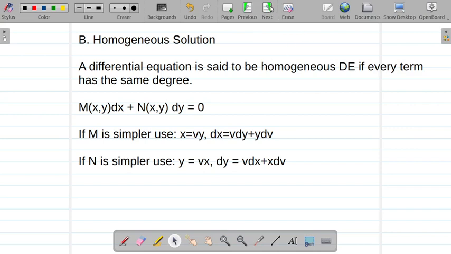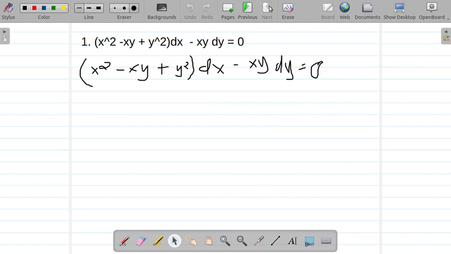So maghatag tag example para mas masabtan. So example number 1. X to the power of 2 minus xy plus y to the power of 2 dx minus xy dy is equals to 0. So in this example, lisod ma-separate ang x in terms of dx ug ang y in terms of dy.